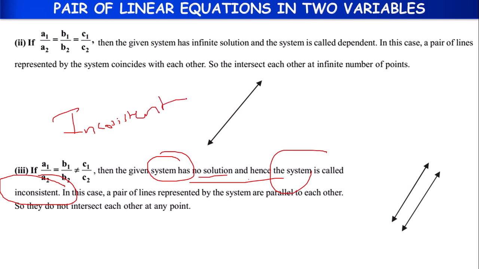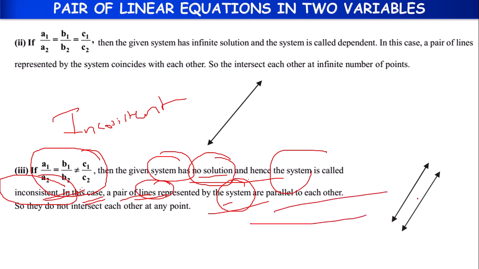Inconsistent system of equations means the equations which follow this rule and have no solution. In this case, the lines represented by the inconsistent system are parallel to one another.